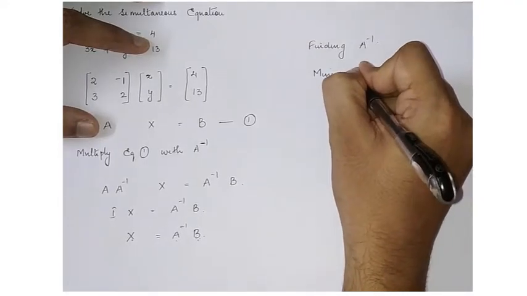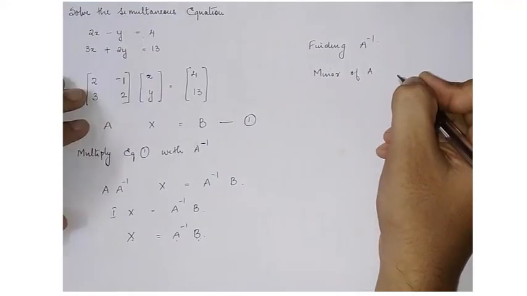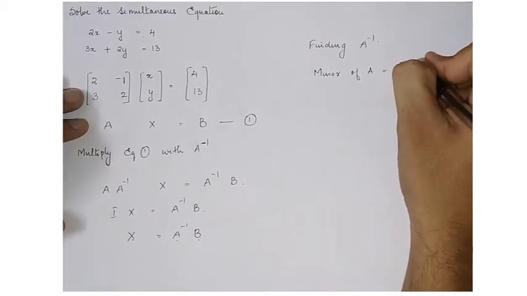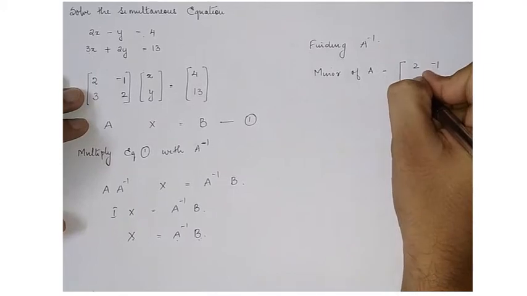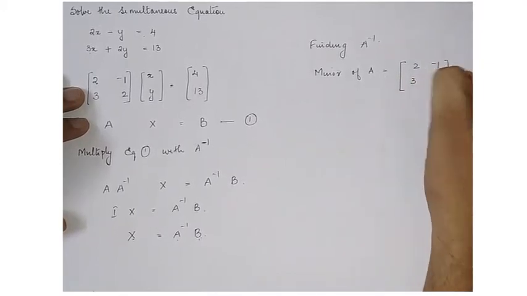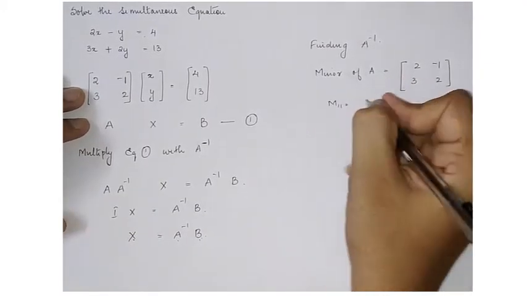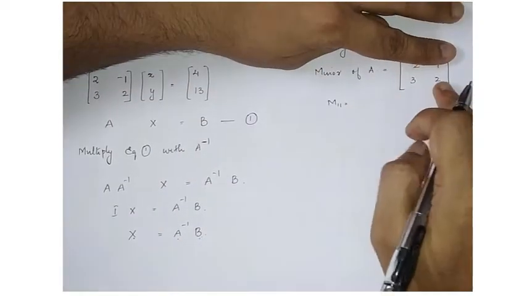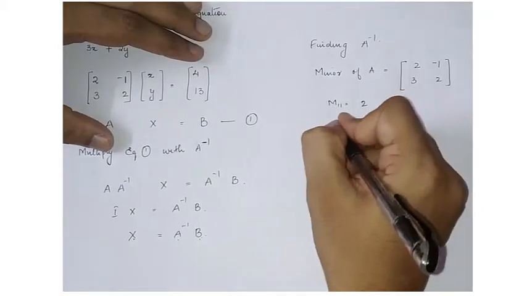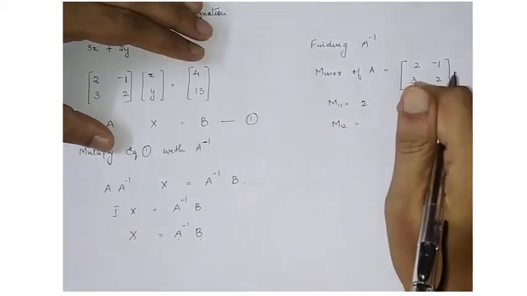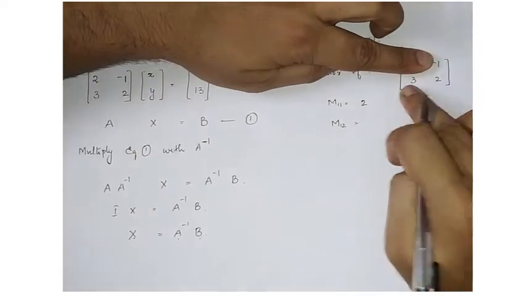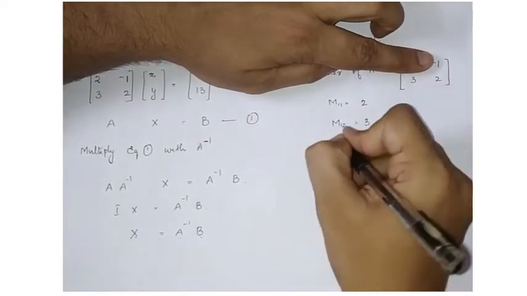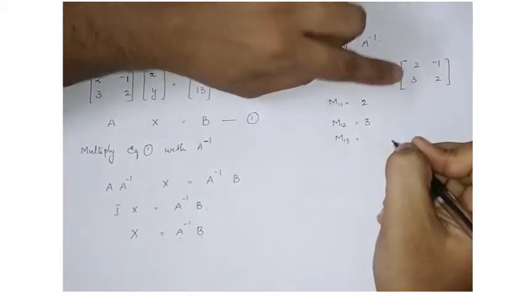minor of A. So we have the matrix A as 2, minus 1, 3, 2. M11 is equal to, you have to delete the row and column, you get 2. M12 is this. Delete the row and column, what is remaining is 3. M21 is this.